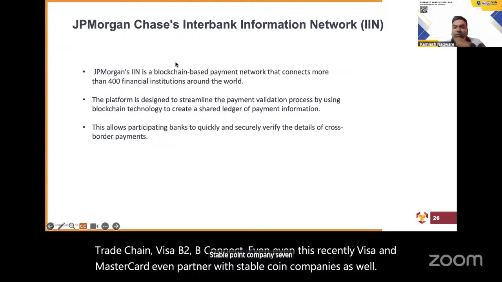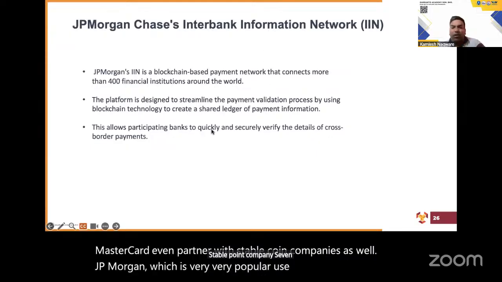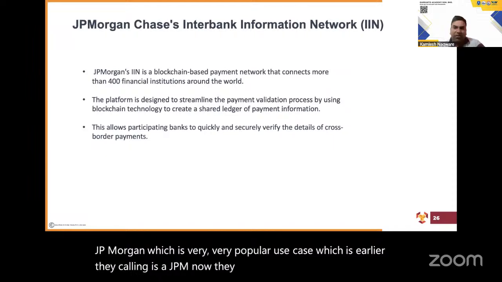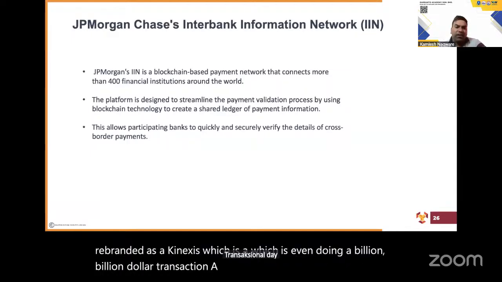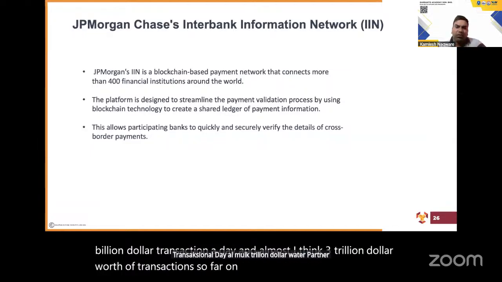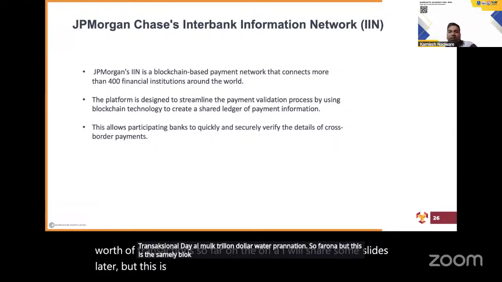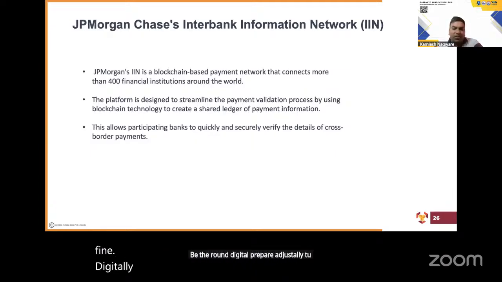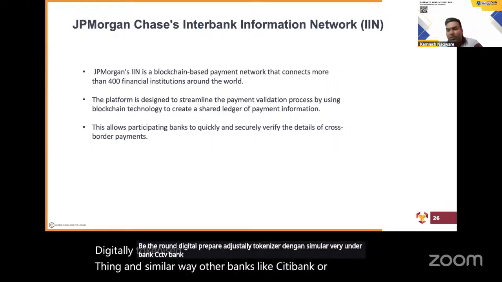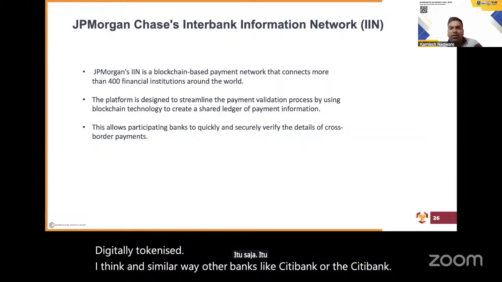JP Morgan, which is a very popular use case, earlier they called it JPM Coin, now they call it Onyx, and now they have even rebranded it as Kinexys, which is doing a billion dollar transaction a day, and almost $3 trillion worth of transactions so far. I will share some slides later. But this is simply a blockchain-based, digitally tokenized system of their own. And in a similar way, other banks like Citibank, HSBC, and others are trying it.